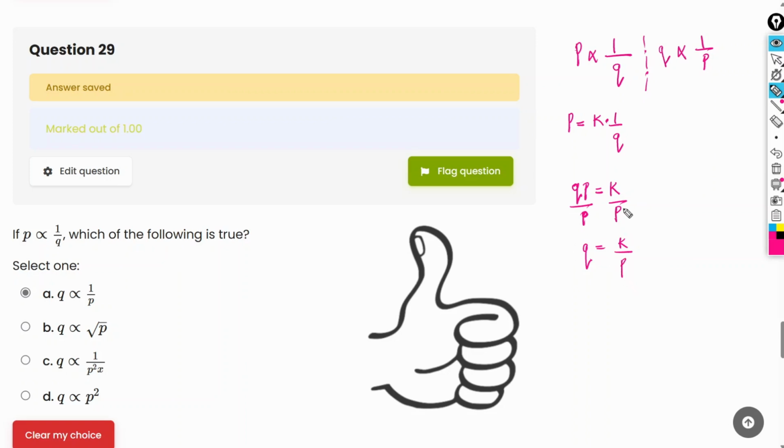Doesn't this look like the proportion that you will get from Q is inversely proportional to P? This is the exact equation you will get from this proportion. So the correct answer is that Q is inversely proportional to P. So that's 29. The answer is A.